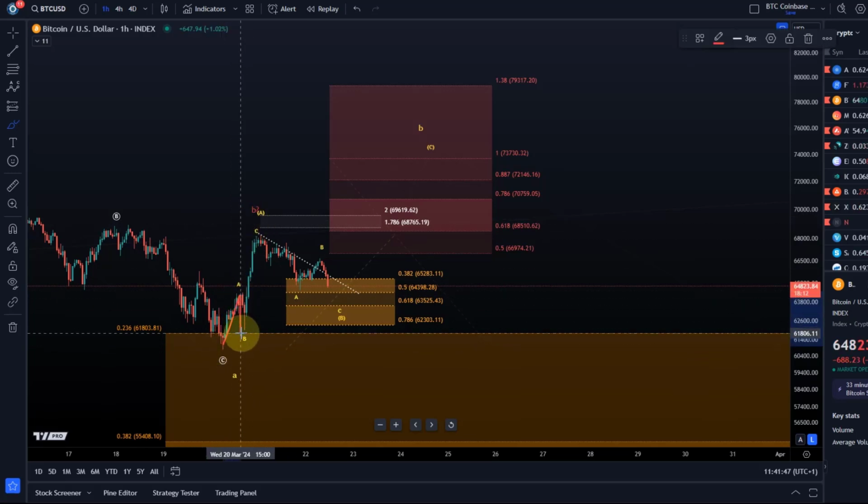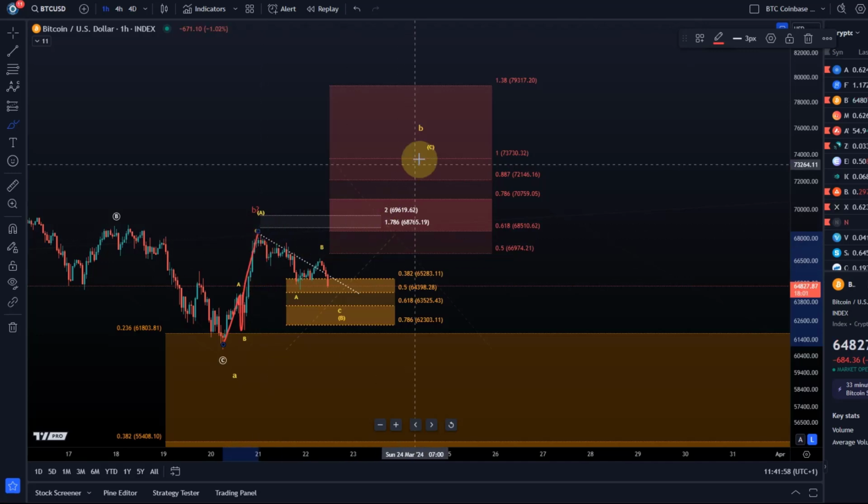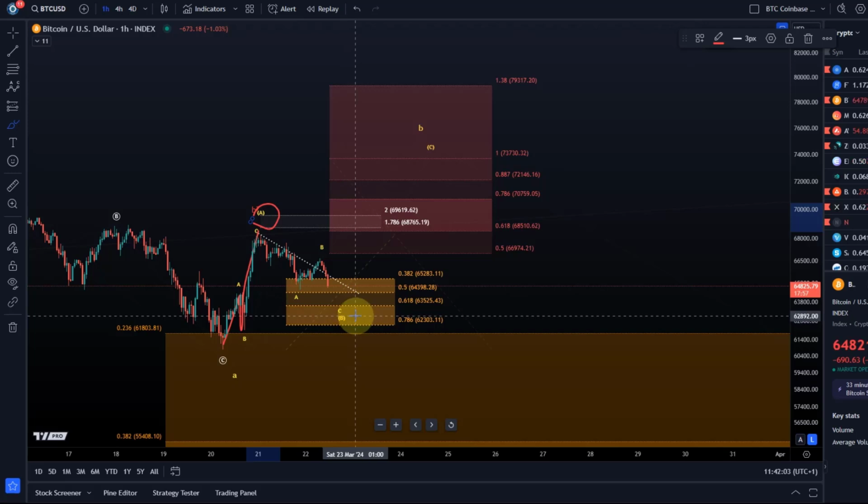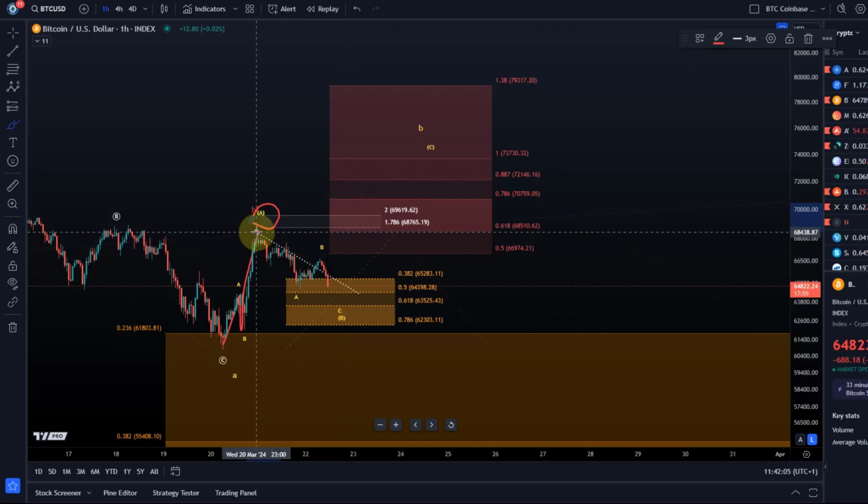A, B, C. And this 3-wave move to the upside is possibly, in the yellow count, only the A wave of a larger B wave. We're now doing the B wave pullback, which is again a 3-wave move.